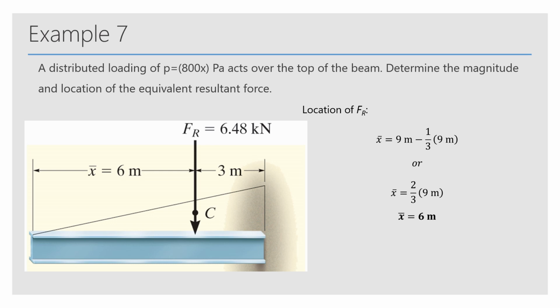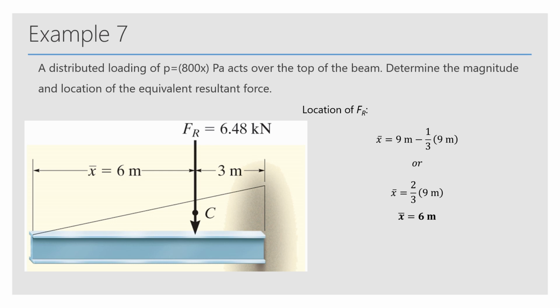In terms of finding its location, since this is a triangle, we know that the base was 9 meters, and you could either immediately determine that it's the 9 meters taking away a third of the 9 meters to get the location, or you can just do 2/3 of the 9 meters.